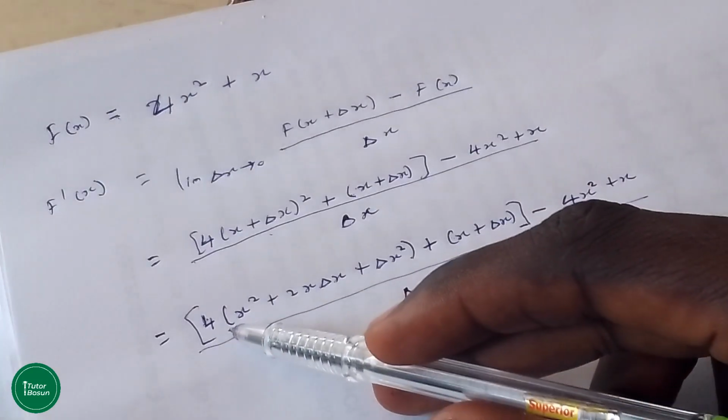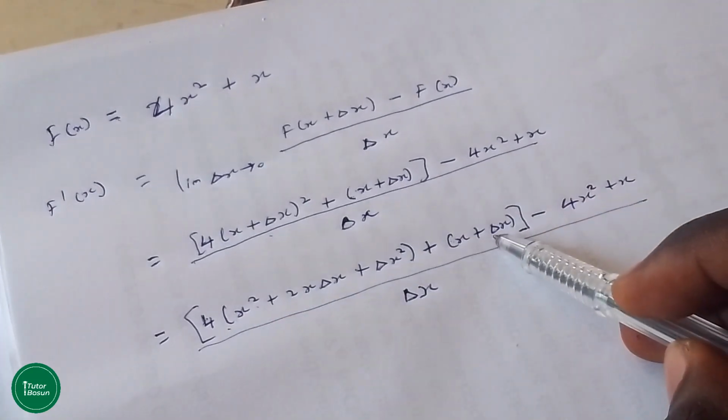Then we could expand this bracket with 4. Then we simplify it together with this.